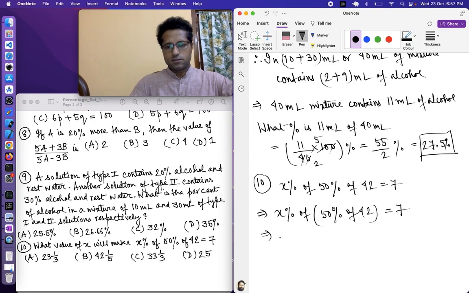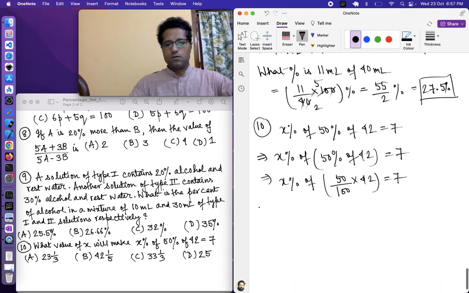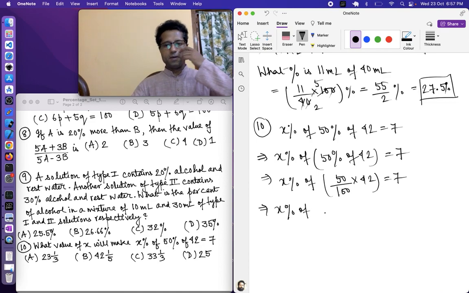Now 50% of 42 is 50 by 100 multiplied by 42, and x percent of that is equal to 7.